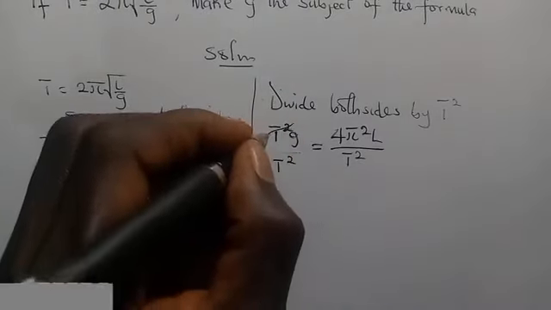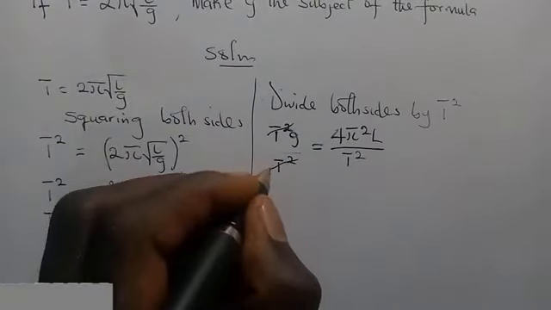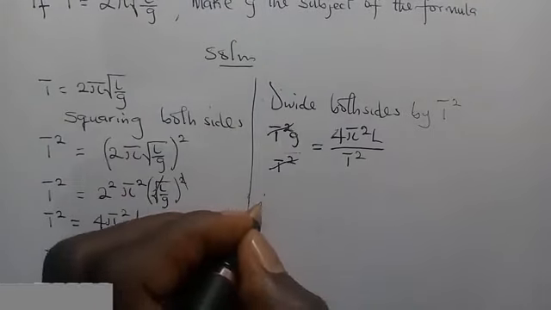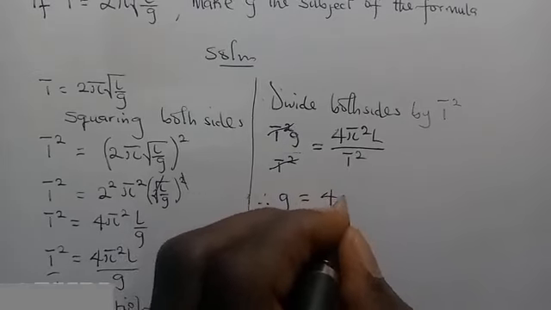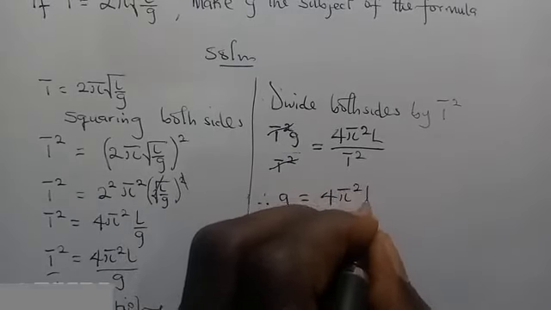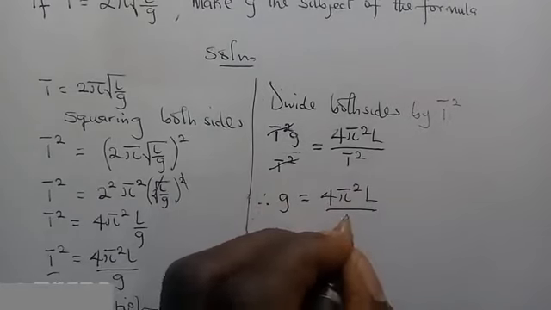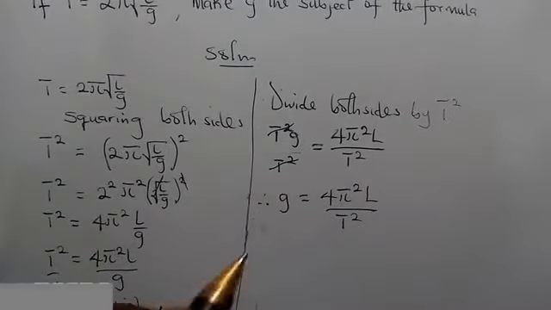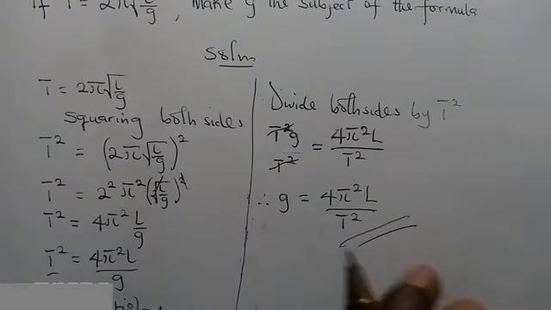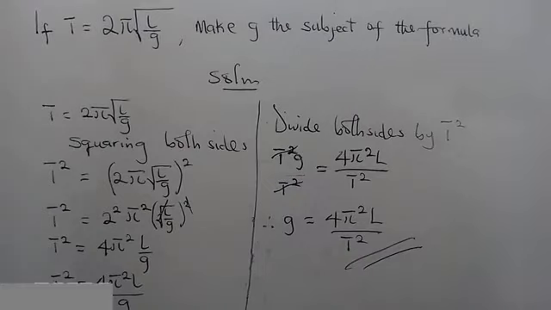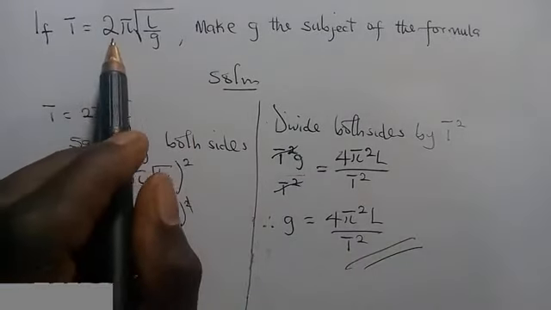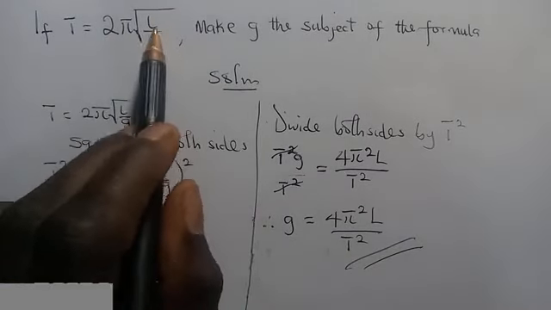So this T square, we cancel out this T square, and we have our G equal to 4 pi square L over T square. So this is the answer to that question that says we should make G the subject of the formula if T is equal to 2 pi square root of L over G.